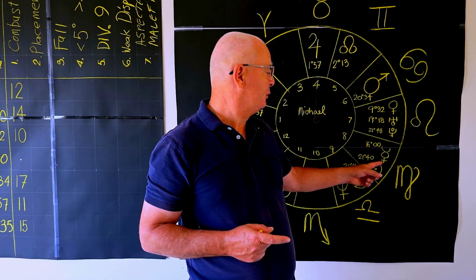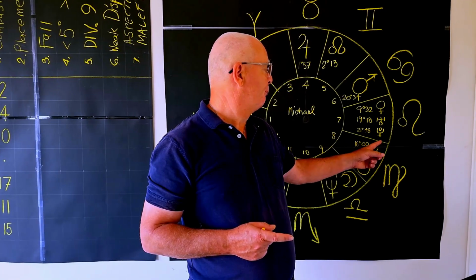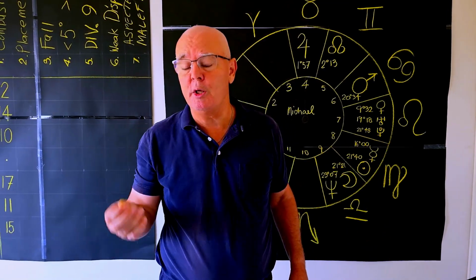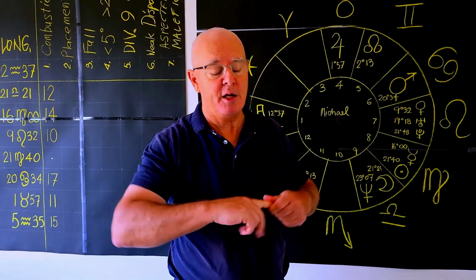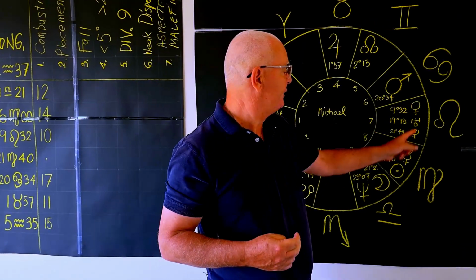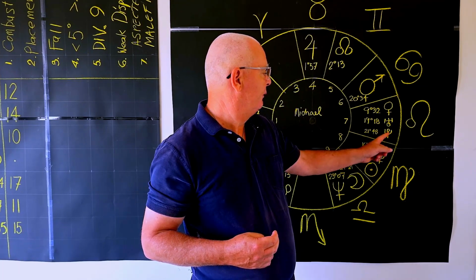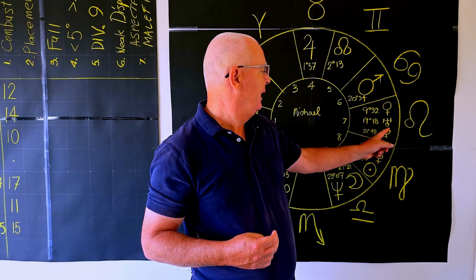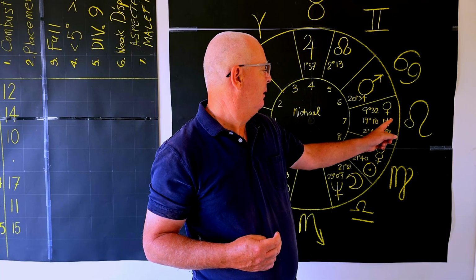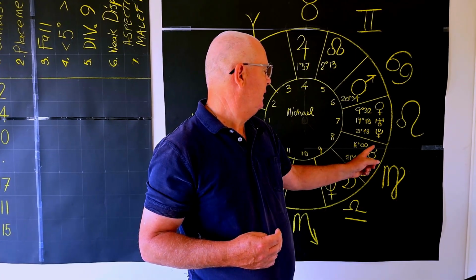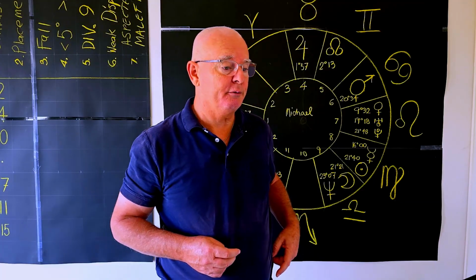And when we go back this way, Pluto and Uranus don't really concern us at this point because we're not measuring their strength. Venus is, if that's 30 degrees and another 10 degrees more, about 40. It's a bit over 40 degrees from the Sun.